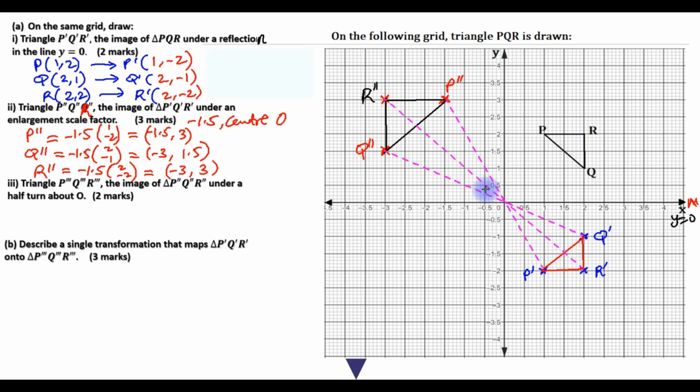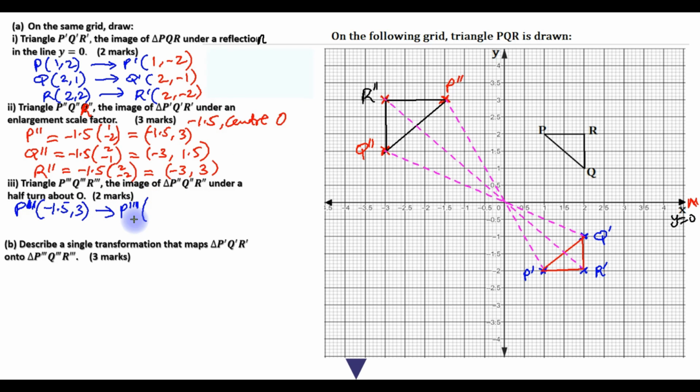So in such a case, P double prime, which is (-1.5, 3), is mapped onto P triple prime.